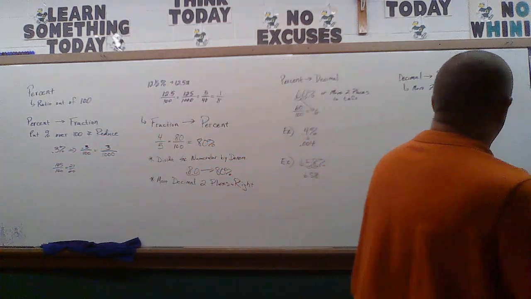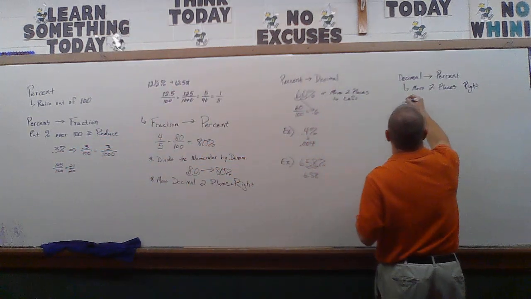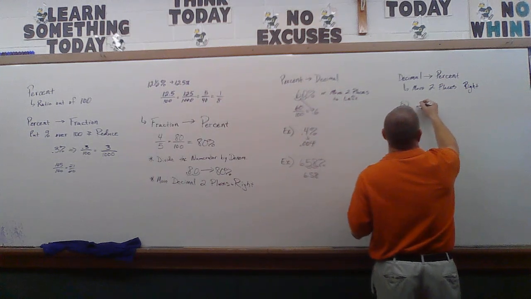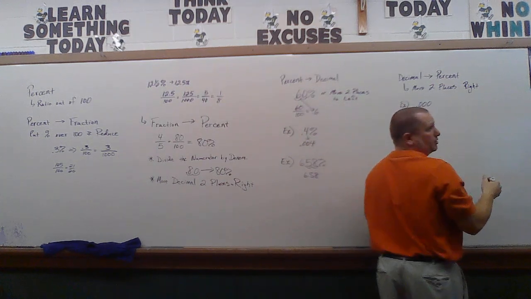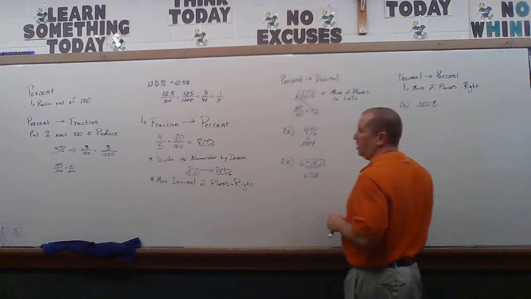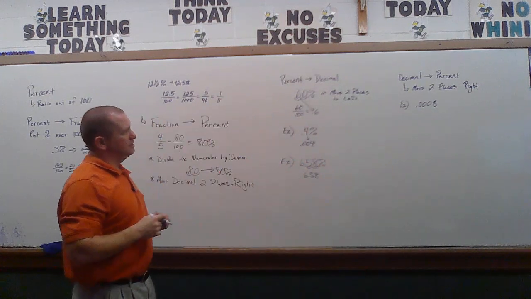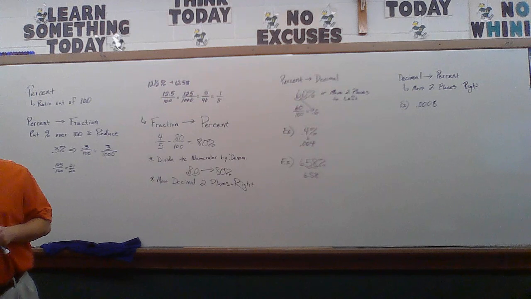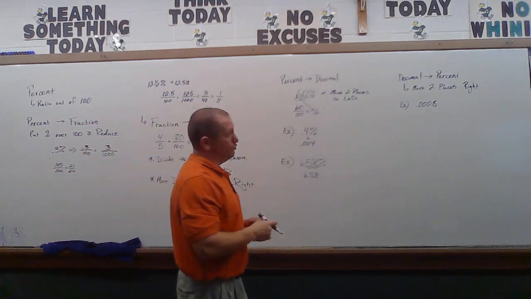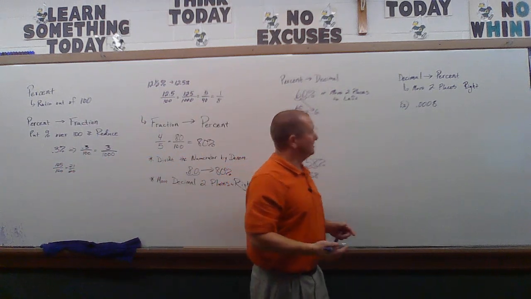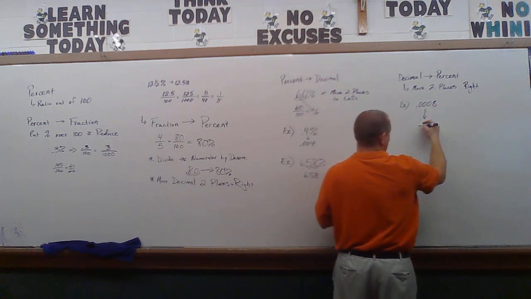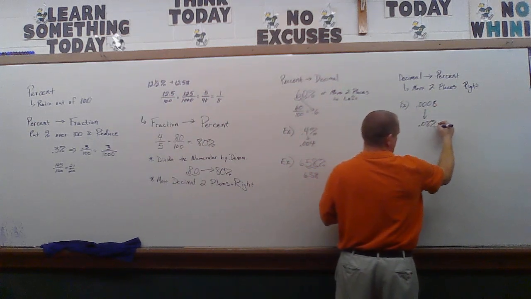All right. Now the ones that confuse us a little bit would be when we have a number like this, a really small decimal, right? So if I have this decimal and I want to move it to a percent, what's my percent? 0.08%. Yeah, so this is the one that's kind of confusing.